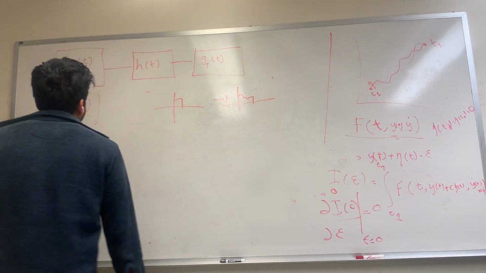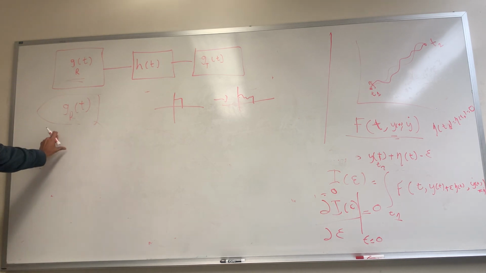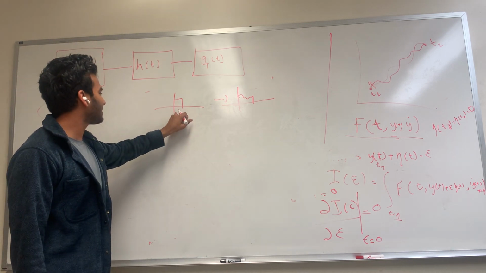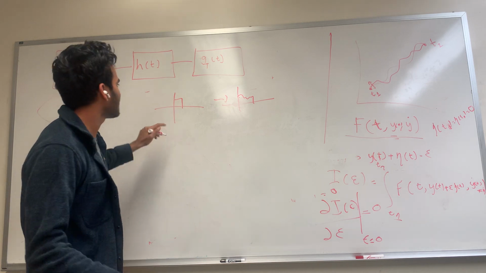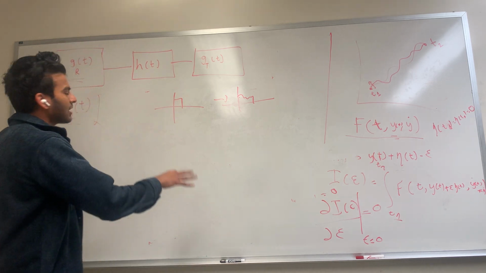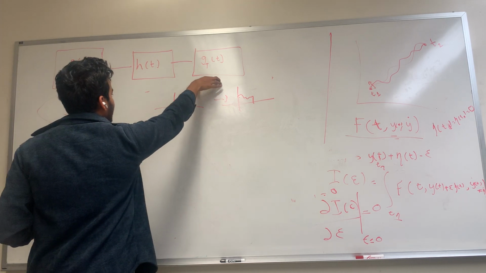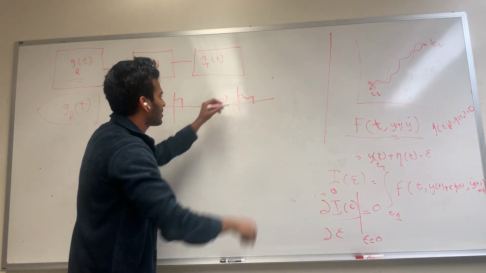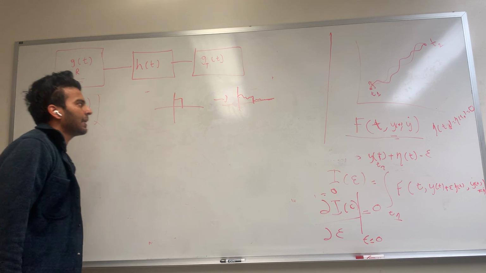Okay. One more concept before I get into solving the optimization problem: I want to talk about intersymbol interference. Let's say in communication you send pulses, but after they pass through these multiple filters, you get a wavy structure with a taper at the end.